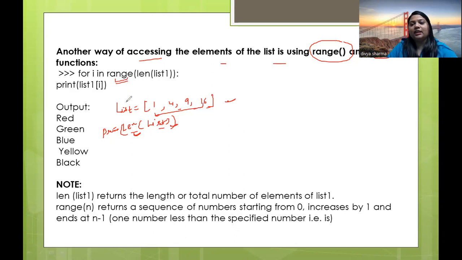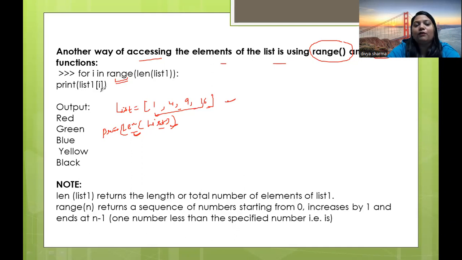Range means that it will start from the starting index and go up to the upper bound. So for i in range of len of list, it will take the value of the length of the list, and range will contain all the elements up to the length of the list.